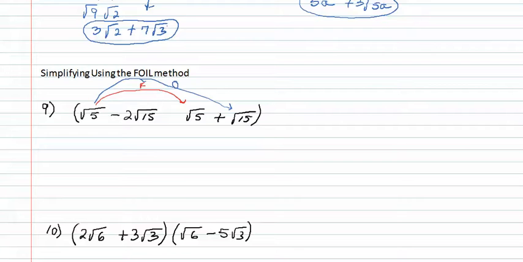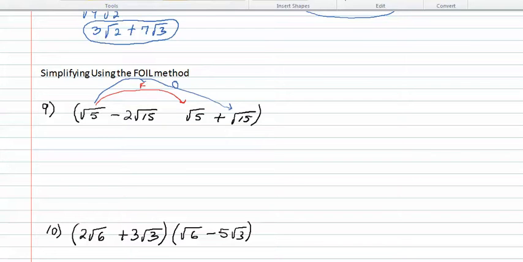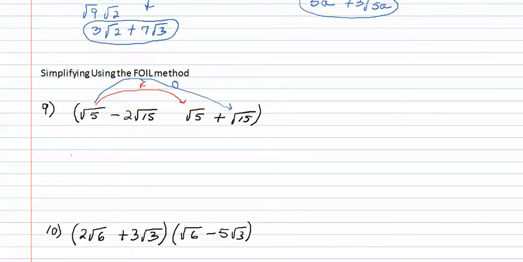Okay, so we're okay with the red. I'm going to move it down here. We've got square root of 25. And then the blue is our outer term. So we've got a positive square root of 75. Okay, then I'm going to go to my green.